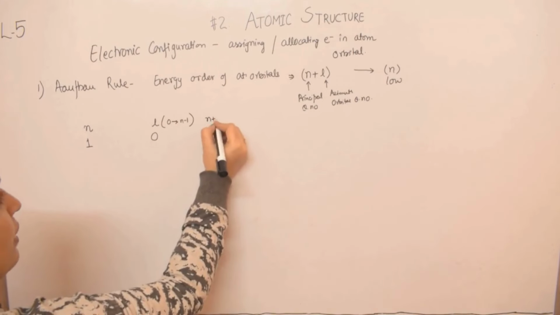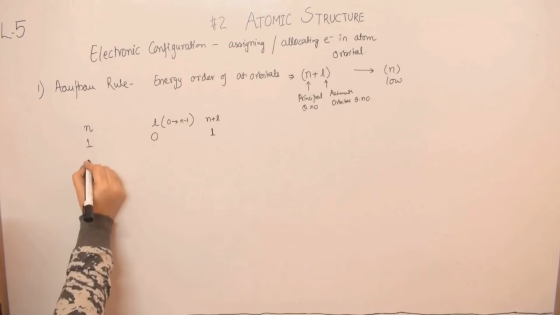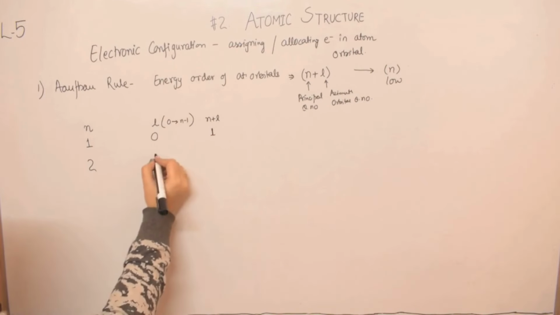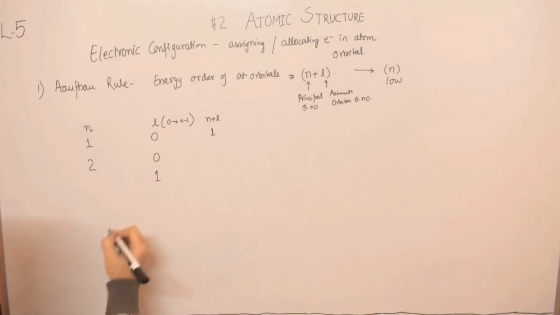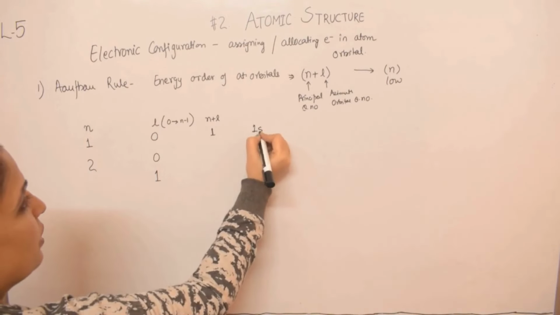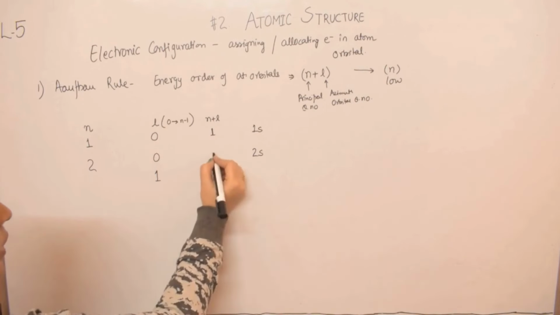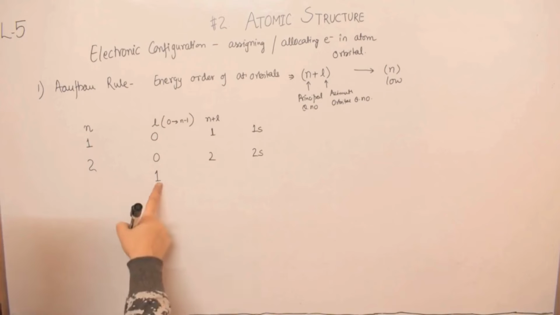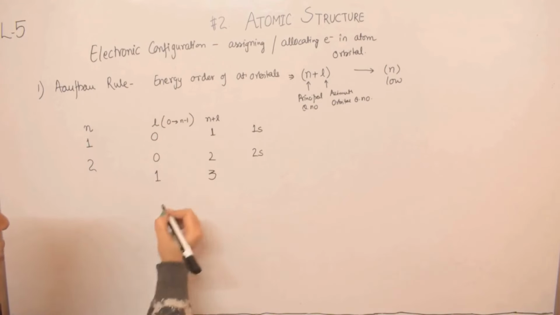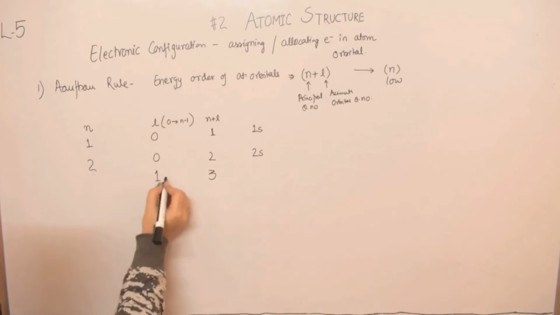Here n plus l is 1. For n is equal to 2, the possible values are 0 and 1. So this is represented as 1s orbital, this is represented as 2s orbital. n plus l value is 2. In this case, n plus l value is 3, and this is represented by 2p orbital.